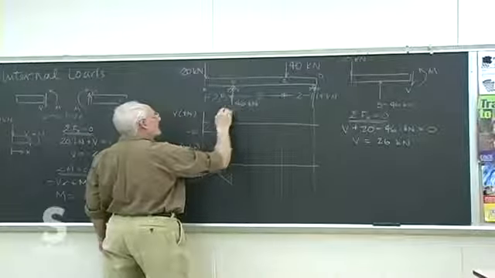That's the moment caused by the first one. If we're doing moments about that end A, then minus V X plus M equals 0, where M is that internal free moment there.